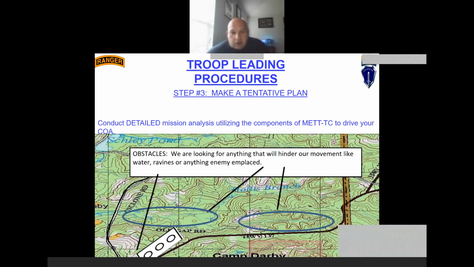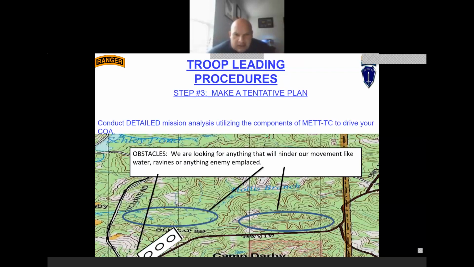Where's the enemy going to be located? Is he going to be in the swamp, or is he going to be on that hill? How's the enemy going to use that terrain as a potential obstacle during movement? These are all the things you do your hasty analysis on. Does that make sense?